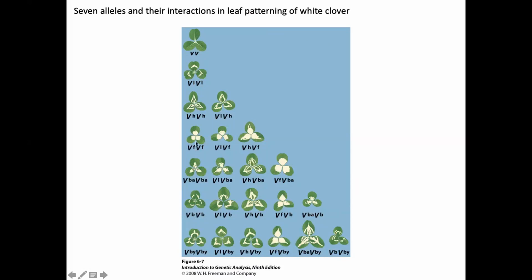So in one context, the V superscript F allele is codominant relative to V superscript H, but it's dominant relative to V superscript L. And you can look at these other patterns and try to determine particular allelic relationships, but they're variable. It depends again on who you're comparing to who in the heterozygous state as to whether you describe a particular allele as dominant, recessive, or whatever.